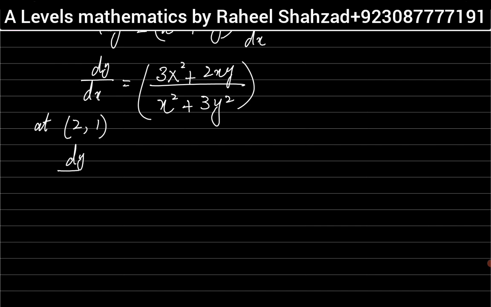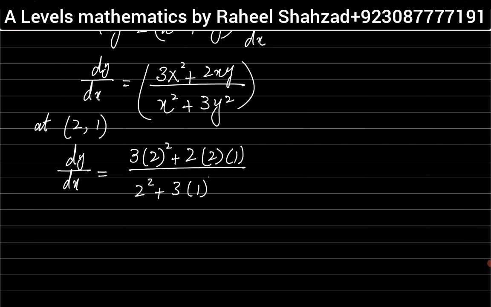So dy by dx equals 3 into 2 square plus 2 into 2 into 1, divided by 2 square plus 3y square, right? That makes it 12 plus 4 divided by 4 plus 3, that makes it 16 divided by 7.